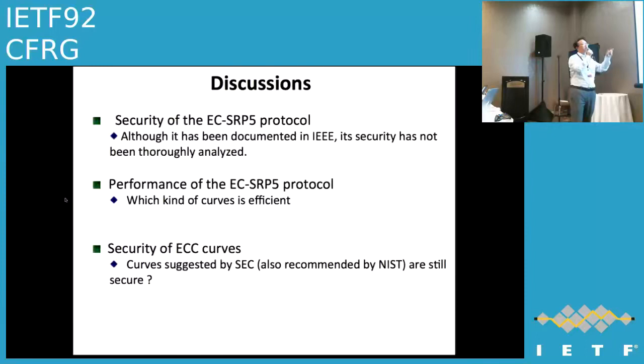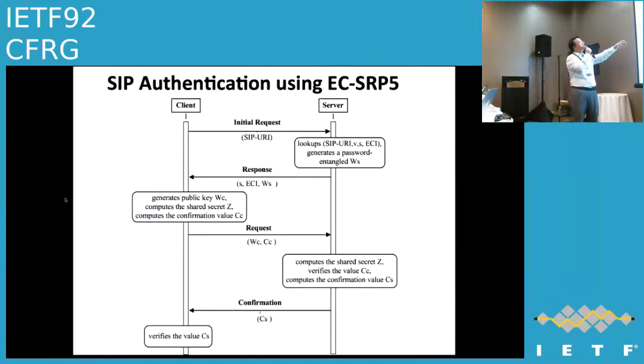Because ECSRP5 is a generic protocol and its message exchange does not look like this, we adapt the message exchange to the SIP procedure because SIP is the fact. We cannot change the SIP authentication procedures. So any PAKE protocol that has the same flow of messages could be used in its place? Maybe, but I am not sure.